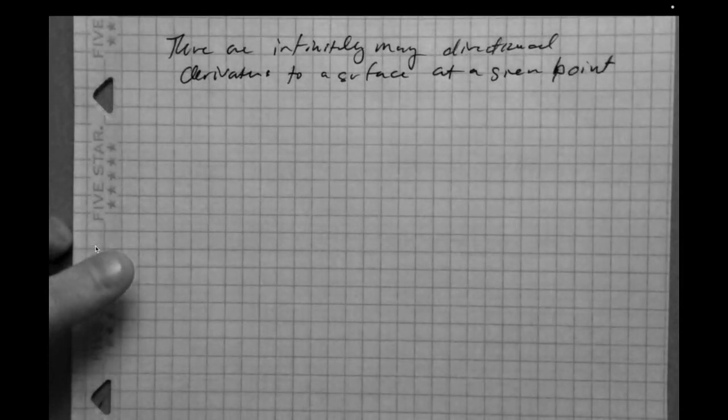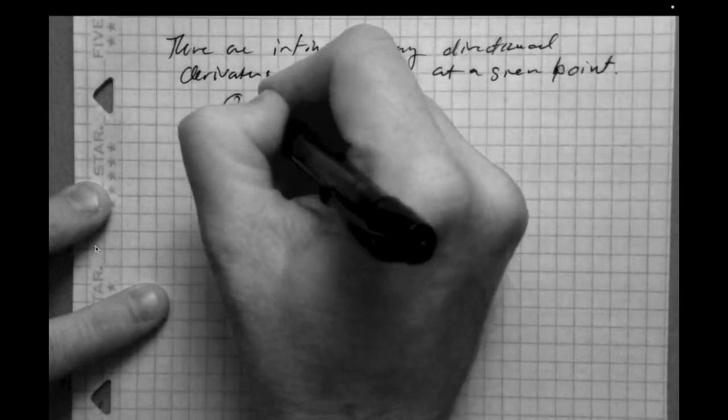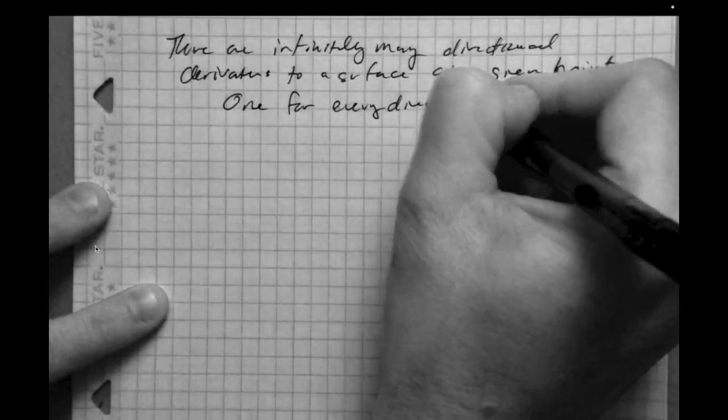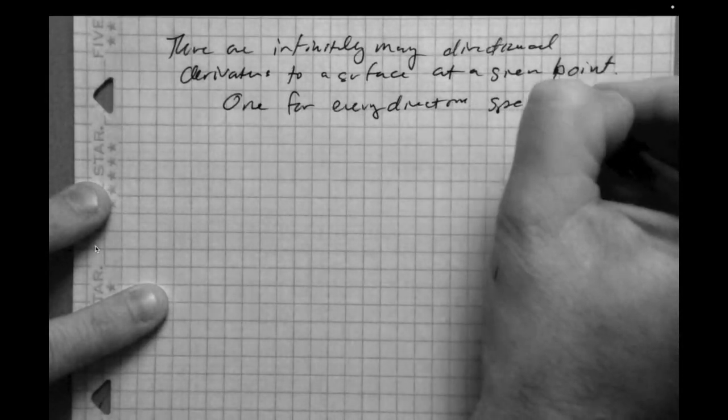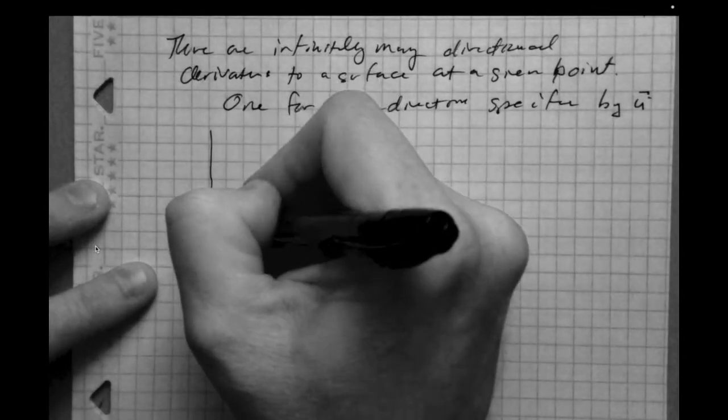Hopefully that's clear, the direction being the thing that introduces the variety here. Basically, there is one for each direction specified by your u vector.